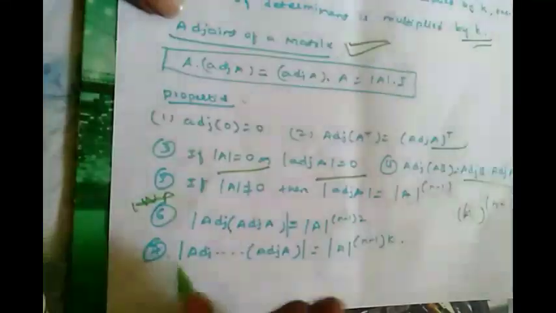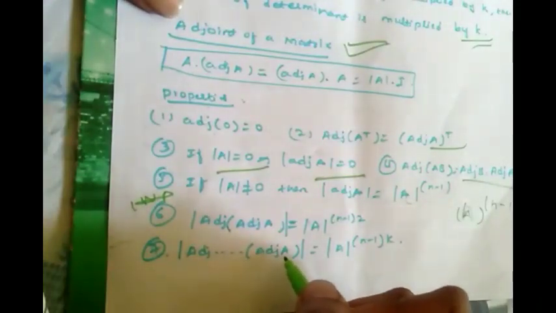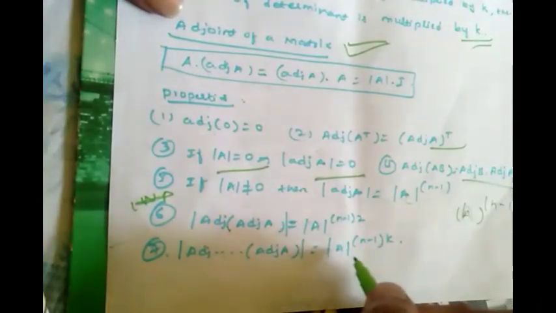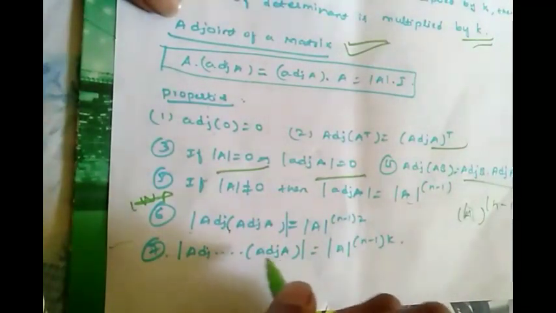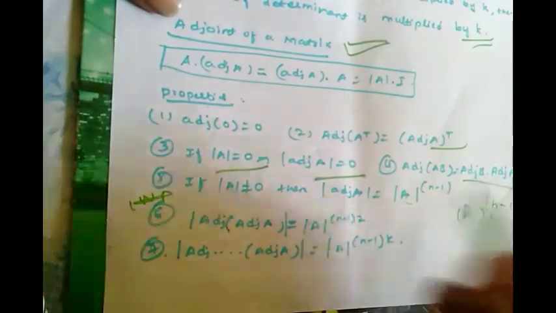This is a very important result, remember it. In general, adjoint of adjoint of A is equal to (determinant of A) whole power n minus 2 into A. These are very important results.